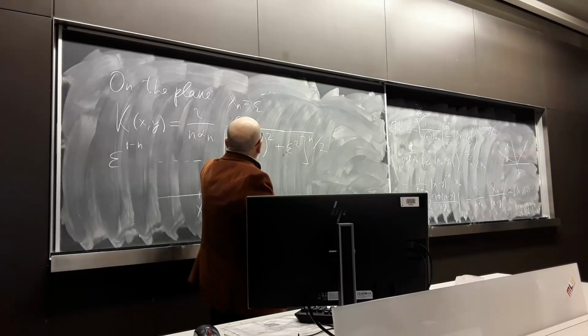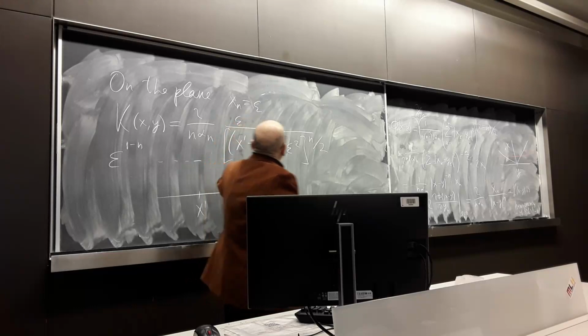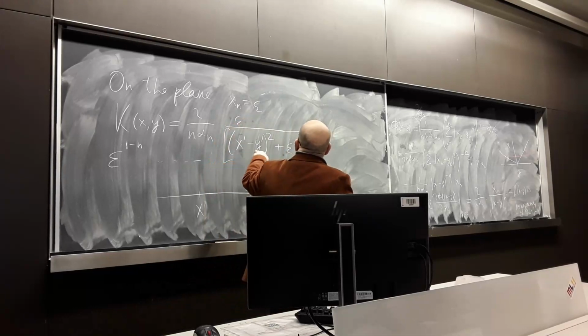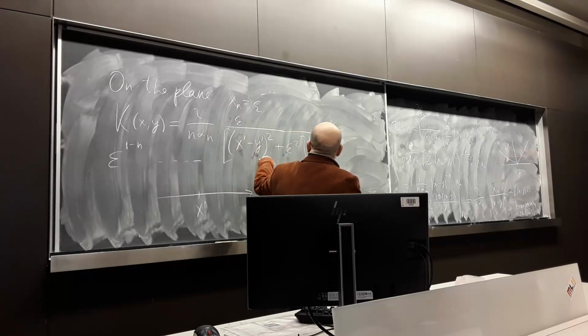Because for |x' minus y'| much more than epsilon, this dominates, so the denominator goes to infinity as this difference to the power n.